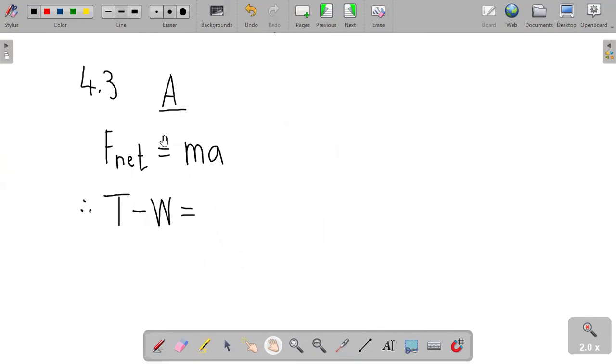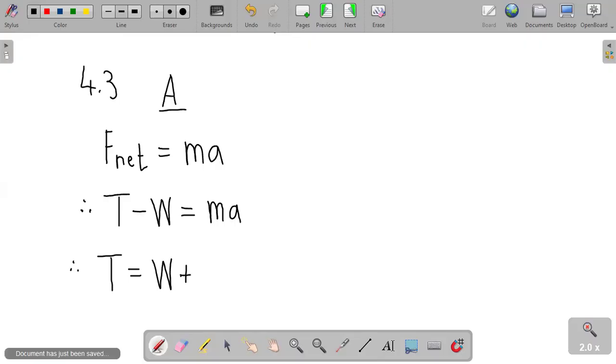So this means that, therefore, the tension here will be equal to weight plus MA.